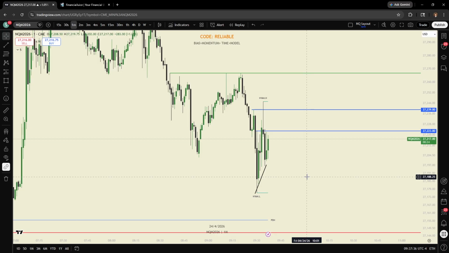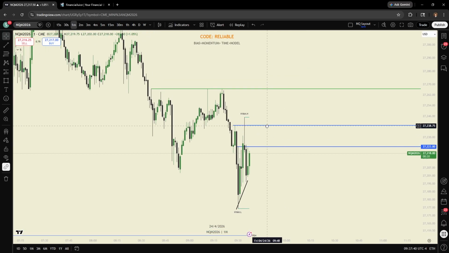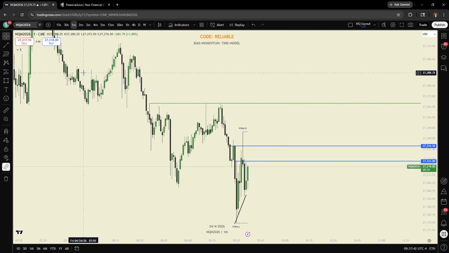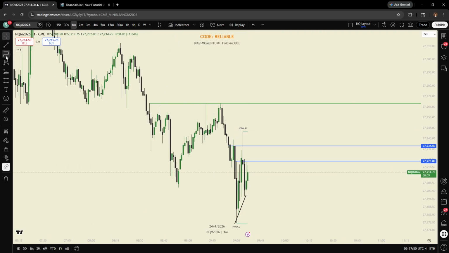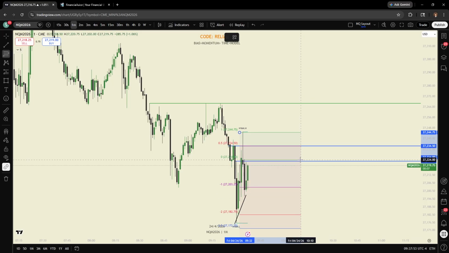I think if we close above 27,230, it'll go. Yeah, because that would give us the CISD. But also CE of that weekly left behind.